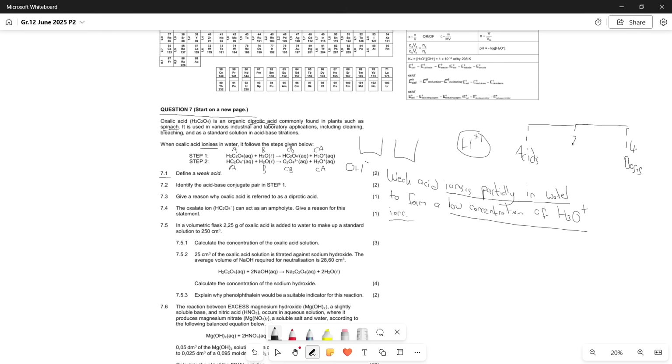Right here at 7 in the middle, that's neutral, which means in terms of this definition, a low concentration of H3O plus ions means we're somewhere around here. It's not neutral, but it is not a very strong acid all the way to the left on our pH scale. We'll break down our pH scale in a later question as well. But right now, this is our definition for a weak acid, very similar to our Arrhenius definition, and that just earned us 2 marks over there.